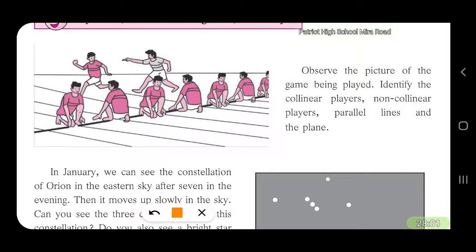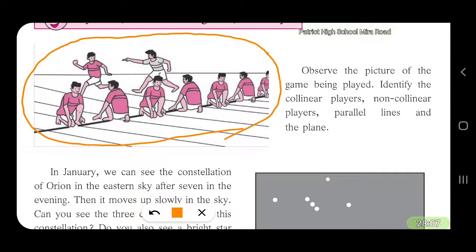Now the children here on the playground, they are playing kho, and there is a thick line drawn over here on which they are sitting. So the players sitting on this line are all collinear.